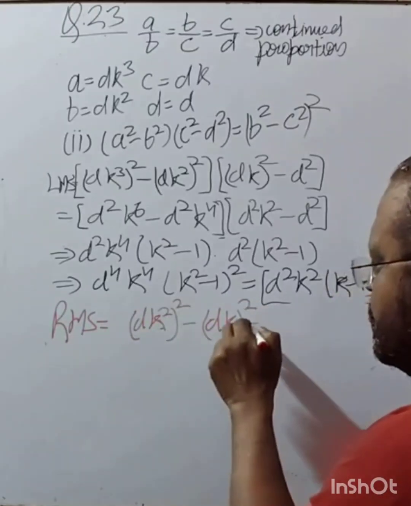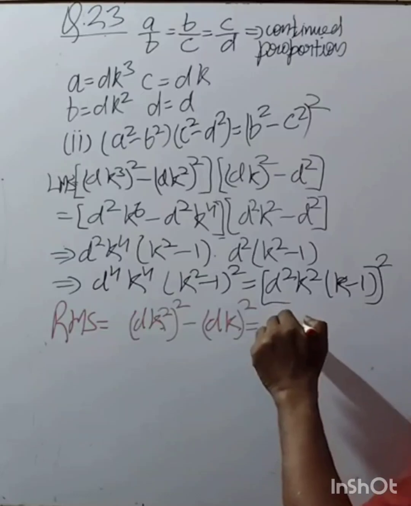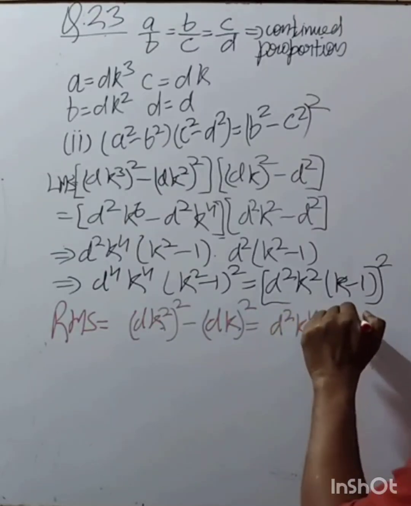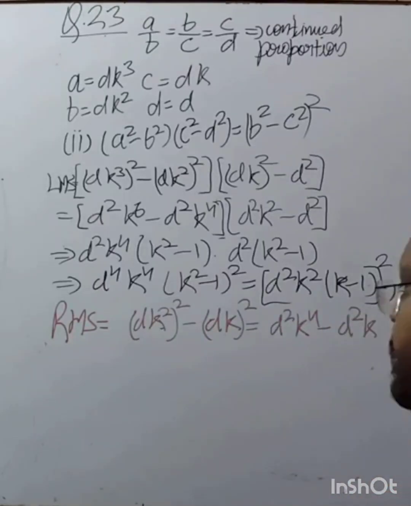Okay, so you can write it d square k raised to the power 4 minus d square k raised to the power 2.